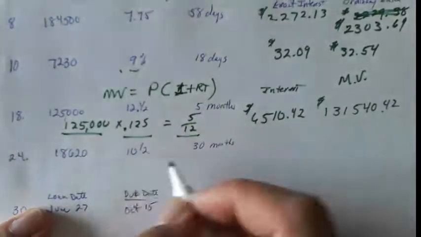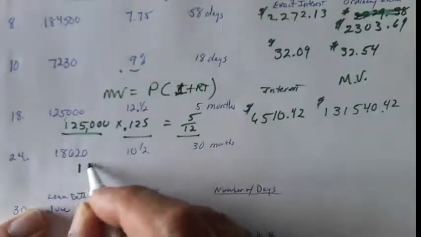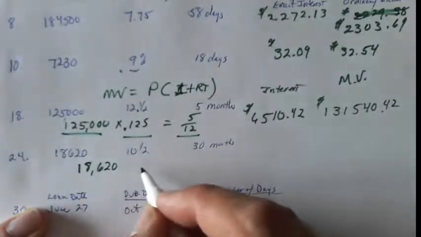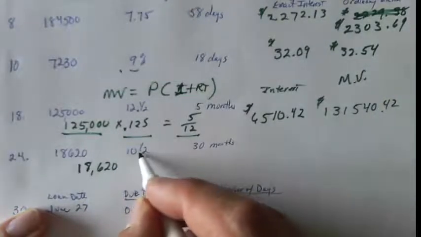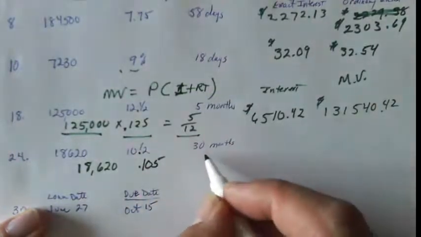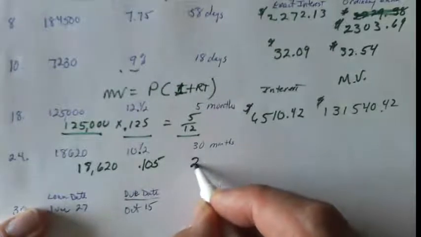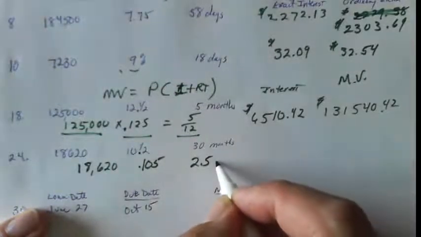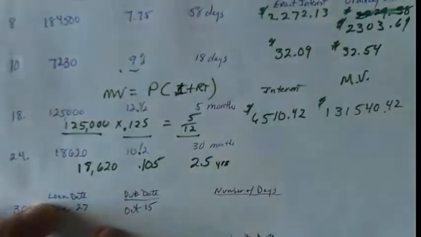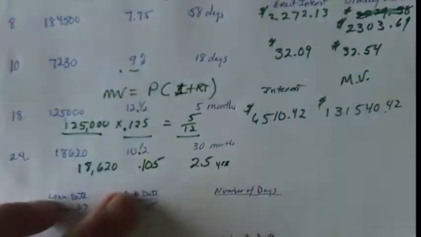Okay, so let's get it ready. So 18,620 is principal. This is going to be changed to a decimal, so we have 0.105. And 30 months is really 2.5 years, so I'm going to make that 2.5 for years. Okay. So now applying our formula up here, we have the rate.